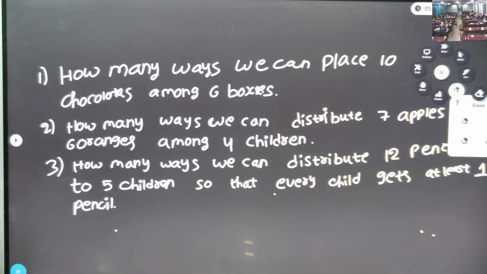The question is, how many ways can you place a chocolate among 6 boxes? Solution is completed.